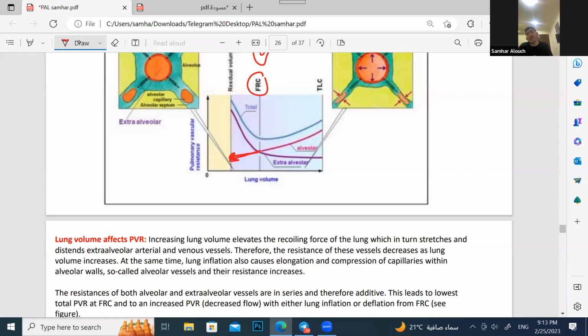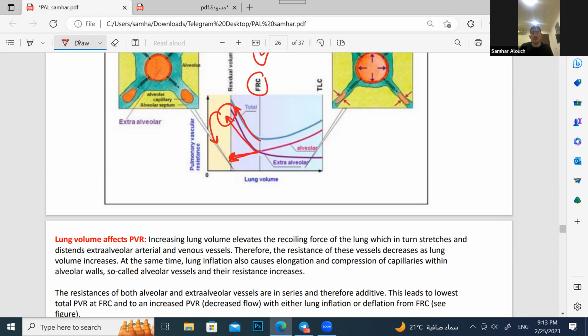But what will happen in the extrapulmonary vessels? We said when we inhale, they get stretched. So when we exhale more than usual, they get compressed, and so their resistance will increase. And so now what's the total? The total is also an increase in resistance, because the increase in resistance of the extrapulmonary vessels overcomes the decrease in the alveolar capillary. So what's the conclusion of all of this?